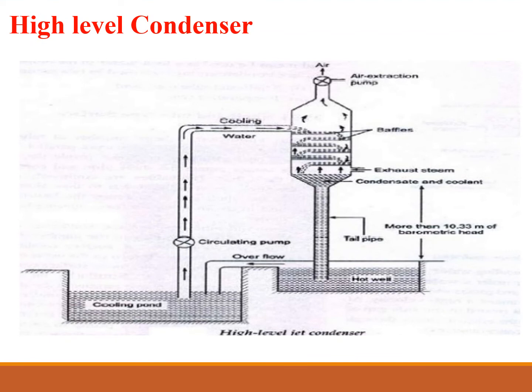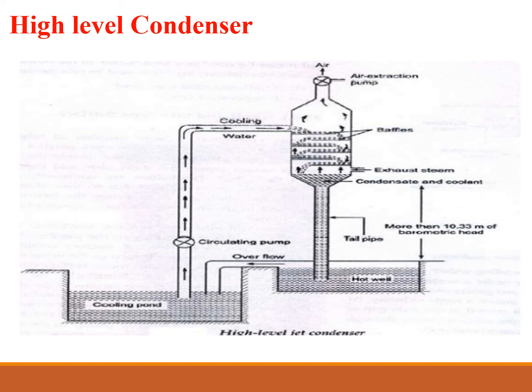High level condenser. This condenser is so named because it is placed at a height greater than the water barometer, that is above 10.33 meters of water. The condenser is elevated about 10.33 meters above the hot well. It is similar to the low level jet condenser.